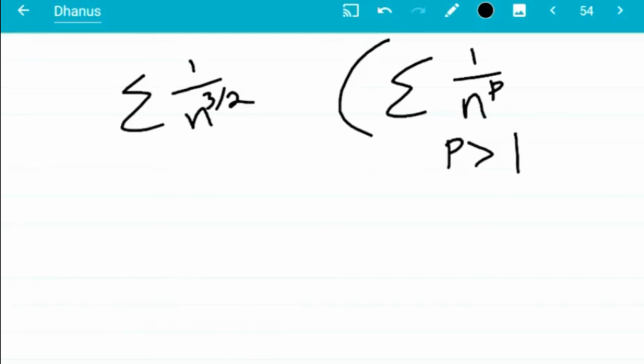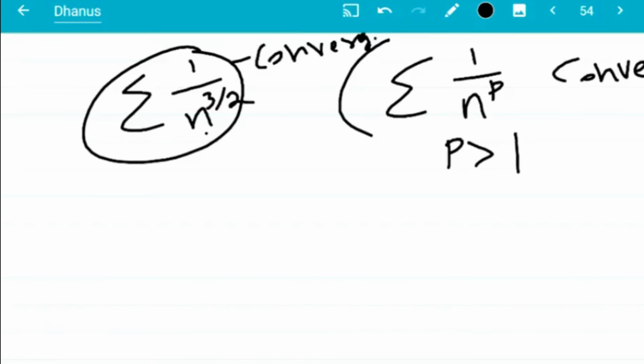Converges for p greater than 1. And that's why this series is convergent, since 3 by 2 is greater than 1.